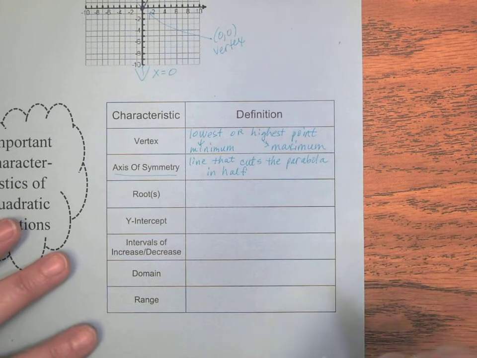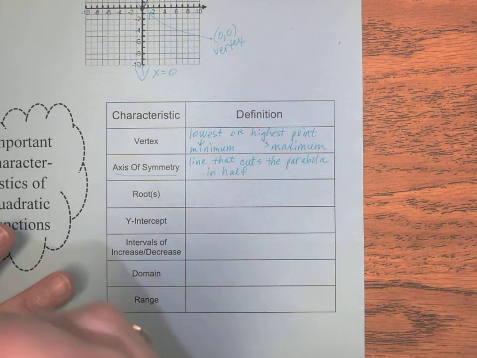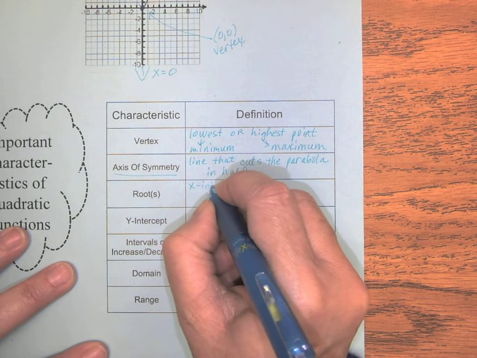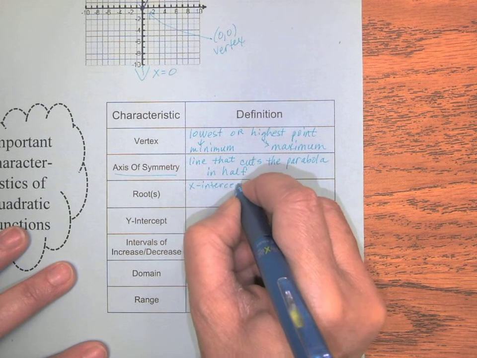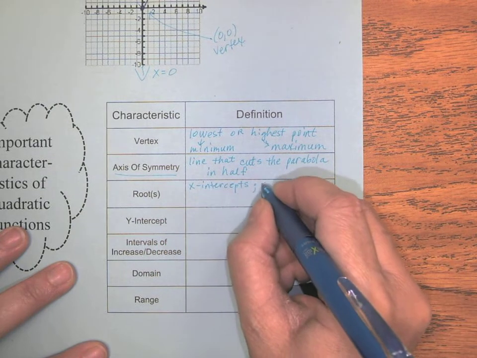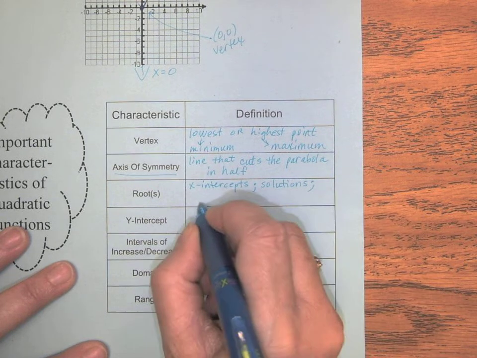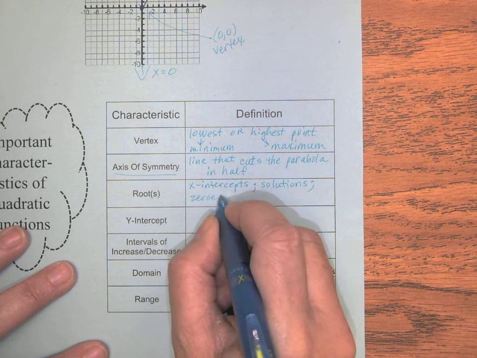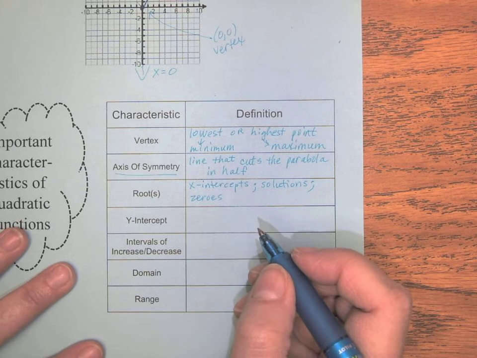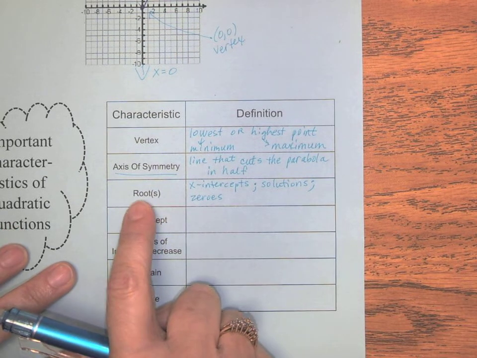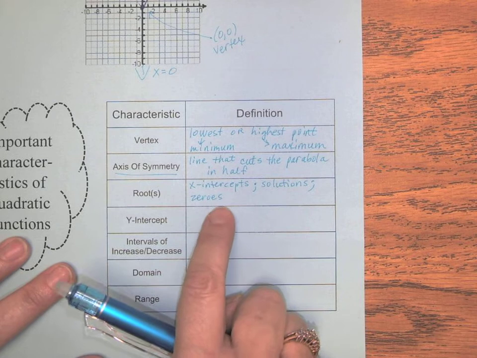All right, the roots. The roots are a very important part of a parabola. It is the x-intercepts. Other names for the roots are solutions and zeros, because it's where the y value is 0. X-intercept, solutions, zeros. You need to know that these all mean the same thing. Roots, x-intercept, solutions, zeros.